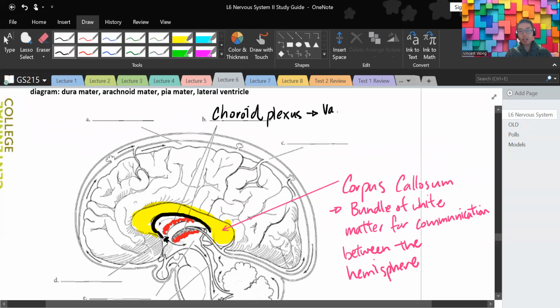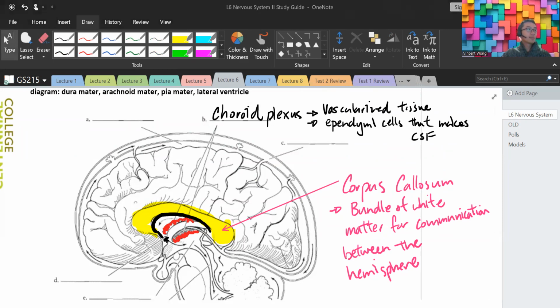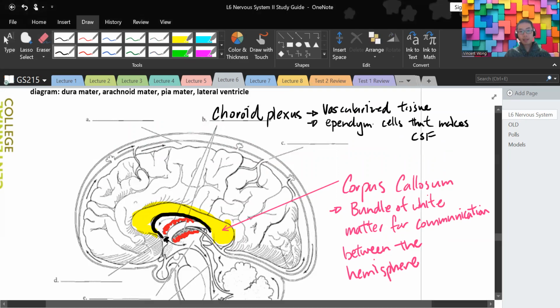Vascularized means they have a lot of blood vessels. There are the ependymal cells that make CSF. That's basically what it is.